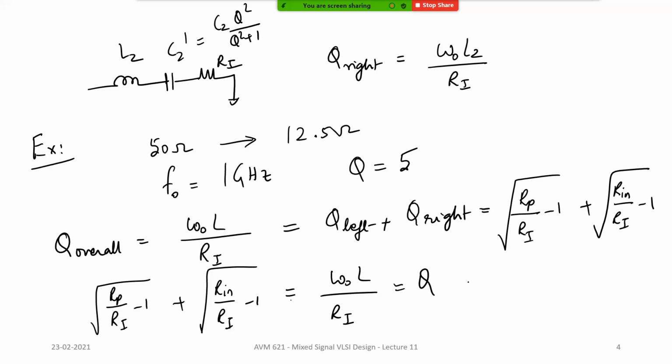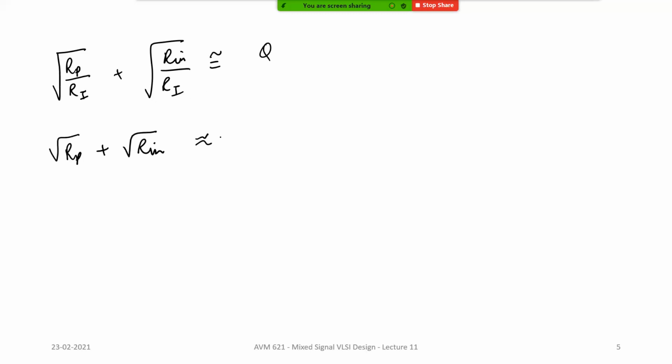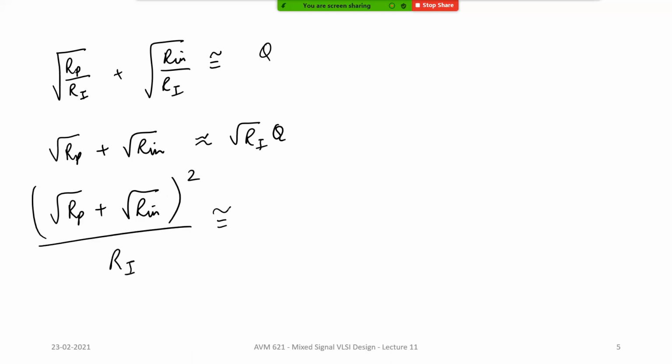If you neglect that minus 1 factor, you would get root of Rp by Ri plus root of Rin by Ri is equal to the overall Q. So let's say root Rp plus root Rin is equal to root Ri times Q. You square on both sides, and you get root Rp plus root Rin the whole squared divided by Ri is equal to Q squared.